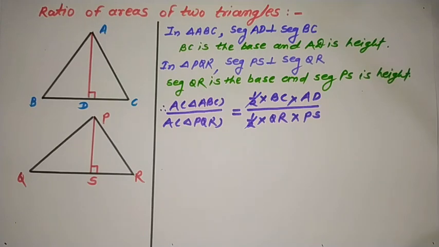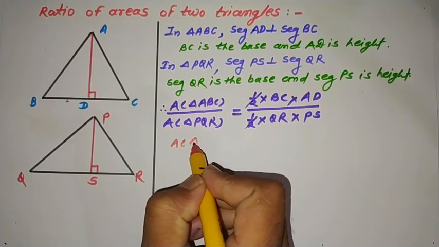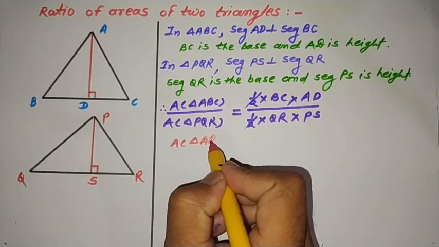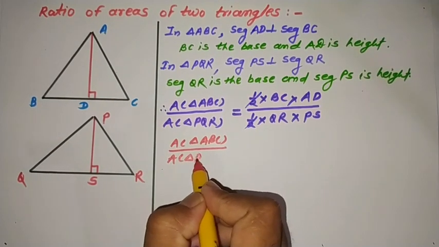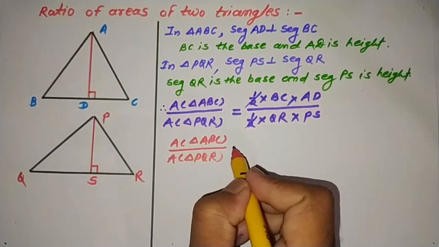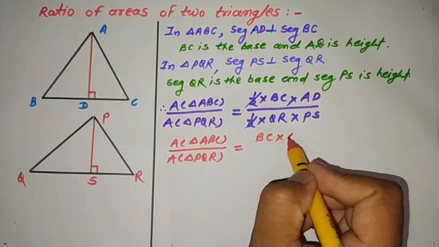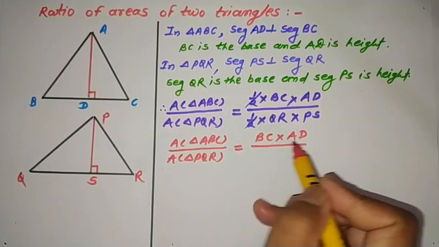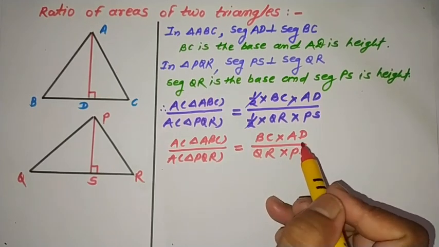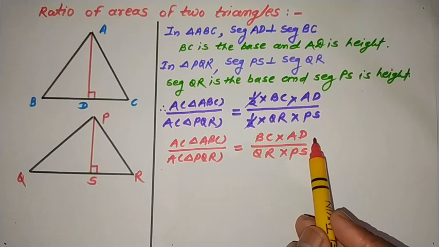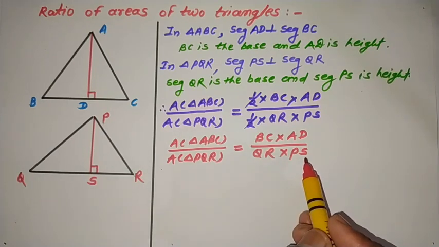Here the area of triangle ABC upon area of triangle PQR is equal to BC into AD upon QR into PS. Here it is the product of base into height upon base into height.